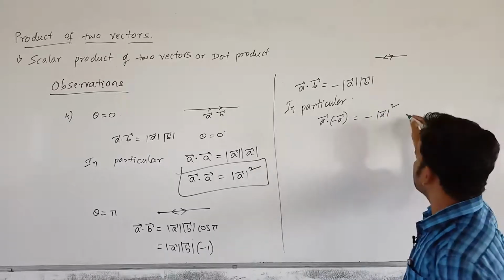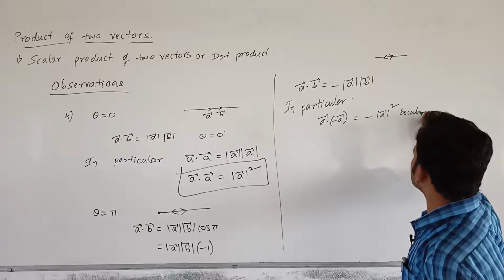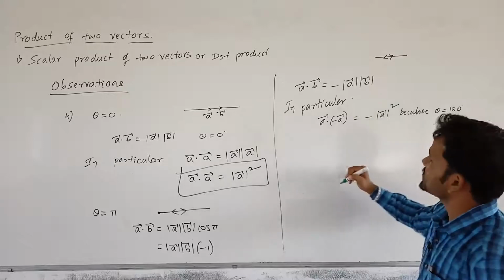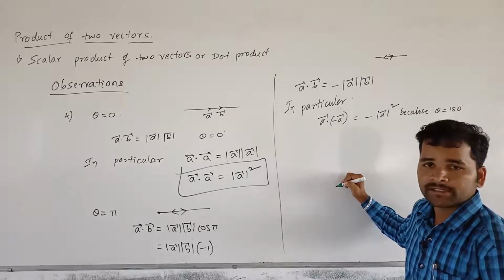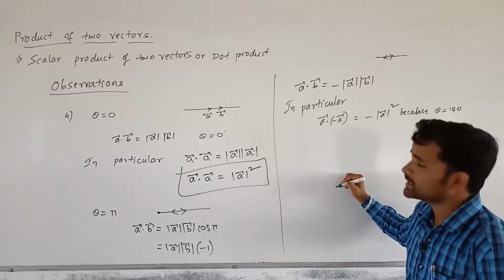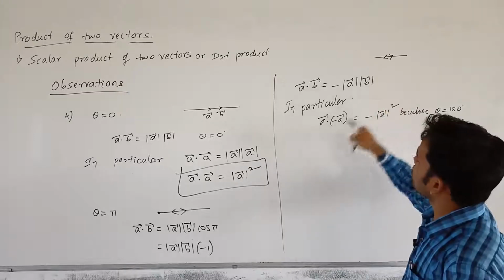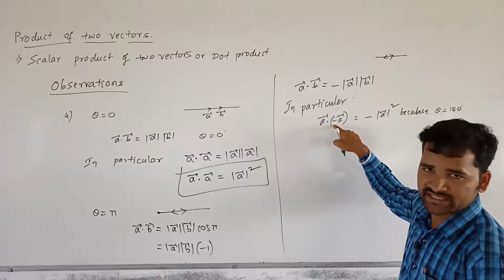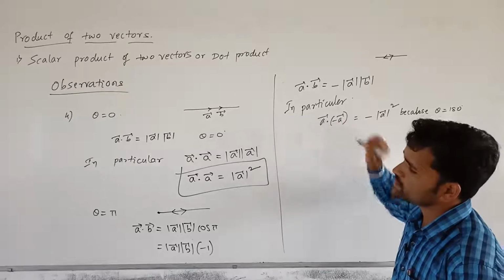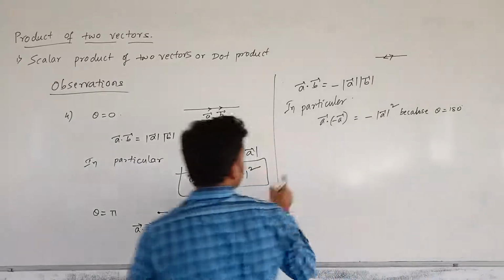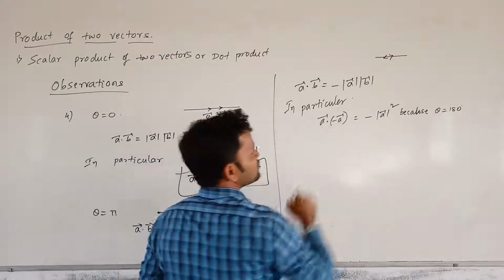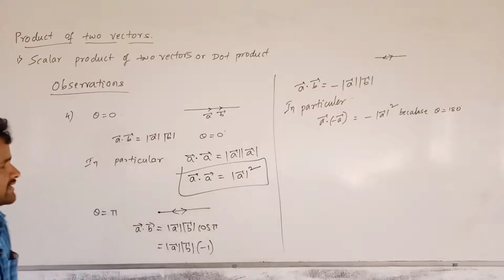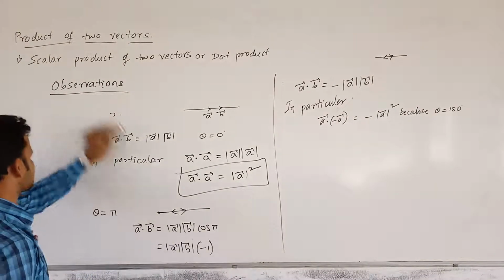Why? Because theta is equal to 180 degree, theta is equal to pi here. See, one vector is A and the other vector is also A, but it is multiplied with a minus. The angle between A and A here is 180 degree. Two vectors are there, you have to be careful. A dot minus A is equal to minus of magnitude of A square. Theta is 180 degree in that case.